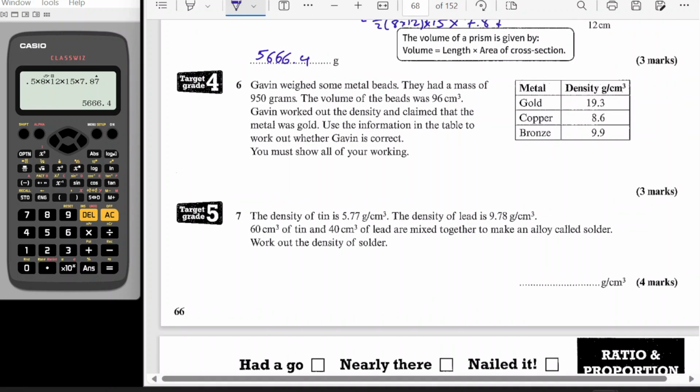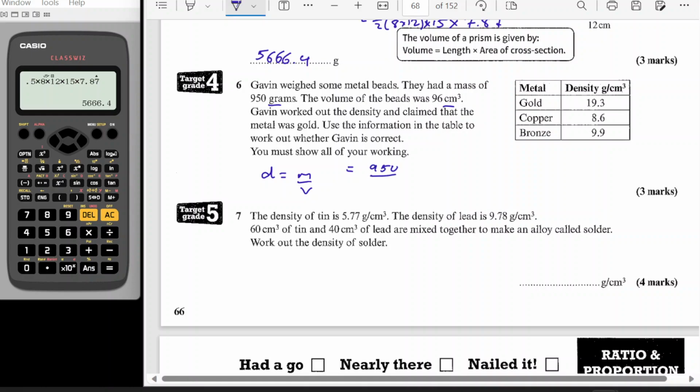Okay, question 6. Gavin weighed some metal beads. They had a mass of 950 grams. The volume of the beads was 96 centimeters cubed. Gavin worked out the density and claimed that the metal was gold. Use this information in the table to work out whether Gavin is correct. You must show all your working. Okay, so if we work out the density of what he's done, density is equal to mass divided by volume. So the mass is 950. I'm just checking my units here, grams and centimeters cubed, so we don't need to convert anything.